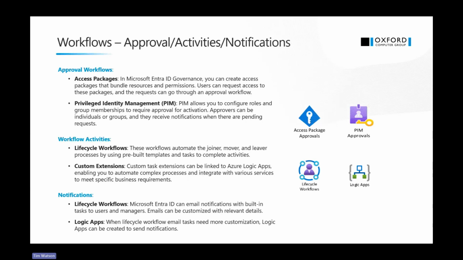Of course, the added functionality here is that MFA can be used to activate access for that group. MFA cannot be used for access packages if you want some more verification, but you can use a verified ID.